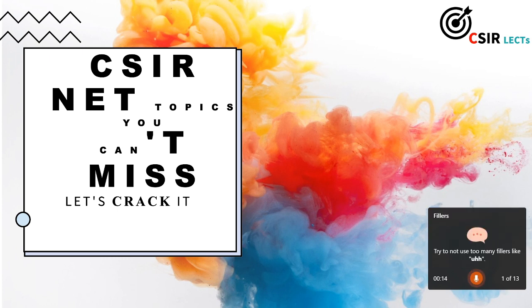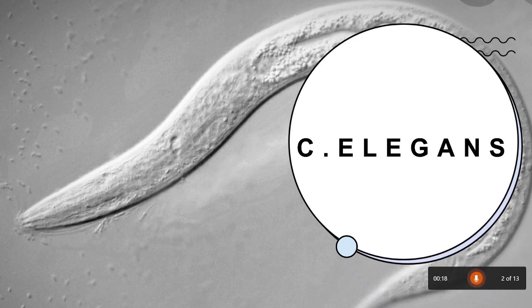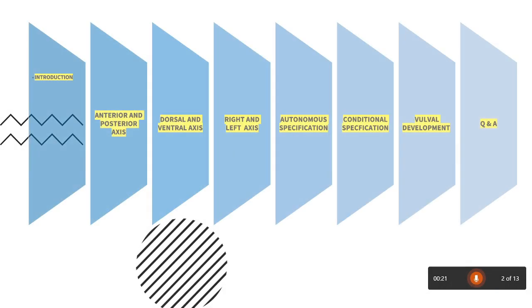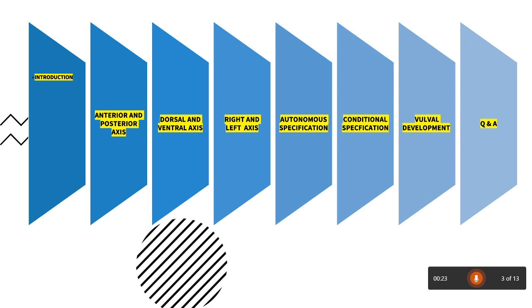I'm here with the topic on C. elegans. In this particular section, I will be dealing with the introduction of C. elegans, anterior and posterior, dorsal and ventral axis, right and left axis formation, and its autonomous and conditional specification.